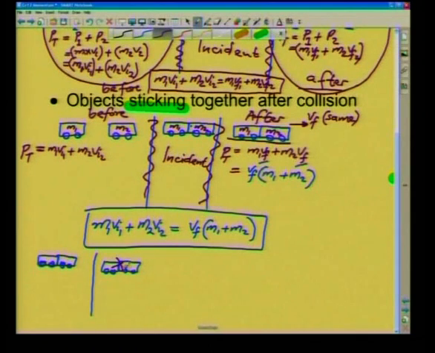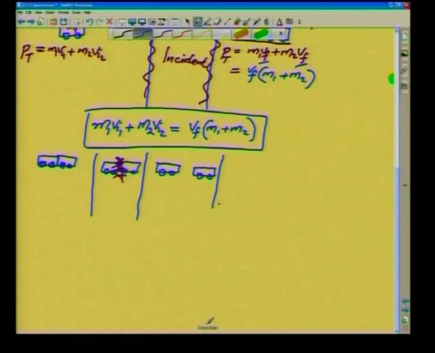When the explosion happens, we find that at the end, you have the trolleys separating in that way. What we will have there is the reverse of this one.